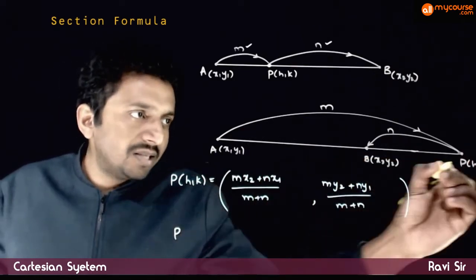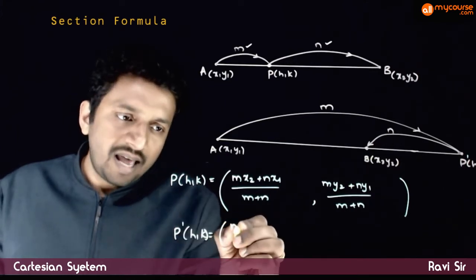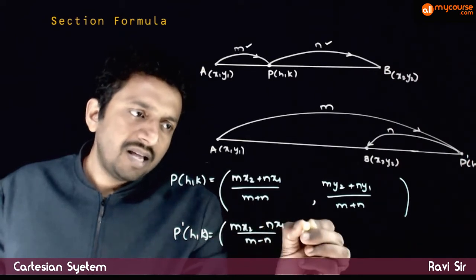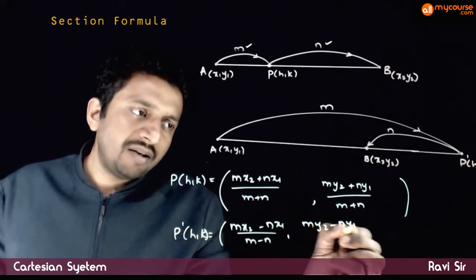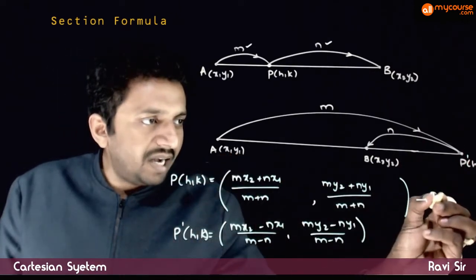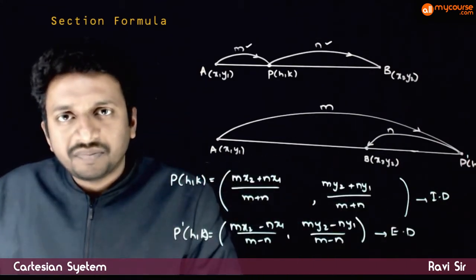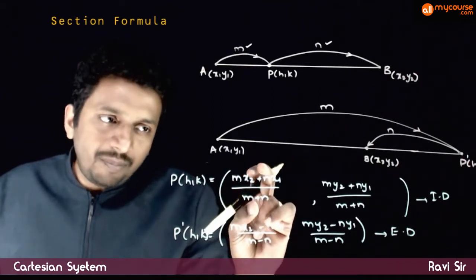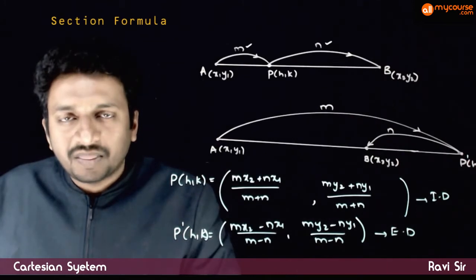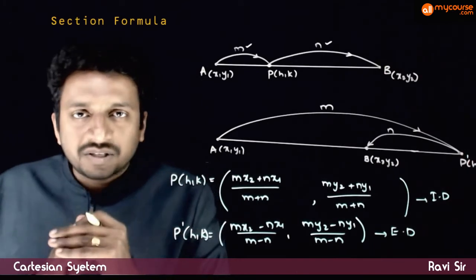Let us call this P dash. So P dash (h, k) is given by ((m x2 minus n x1) by (m minus n), (m y2 minus n y1) by (m minus n)). This is the formula for internal division, and this is the formula for external division. You just need to replace pluses with minuses both in the numerator and denominator. You need to remember these two formulas. Let us derive these formulas now.